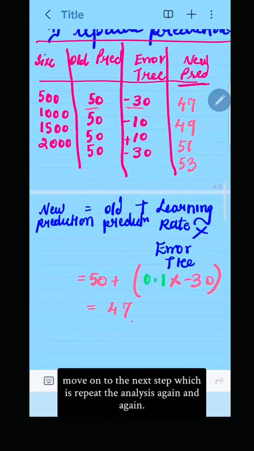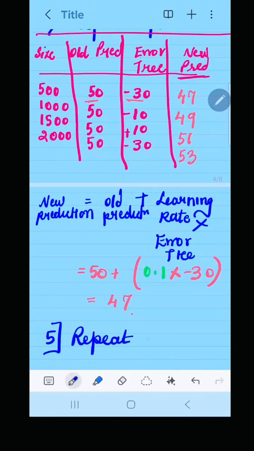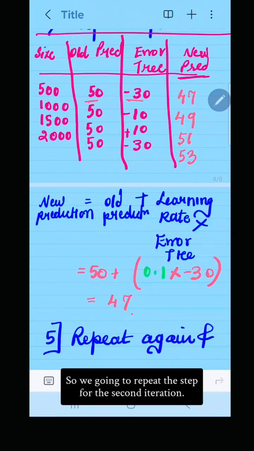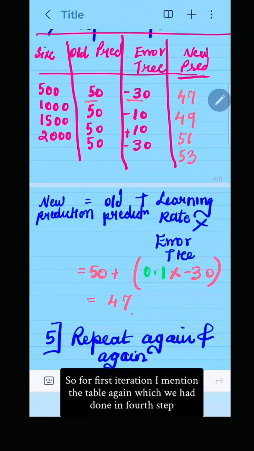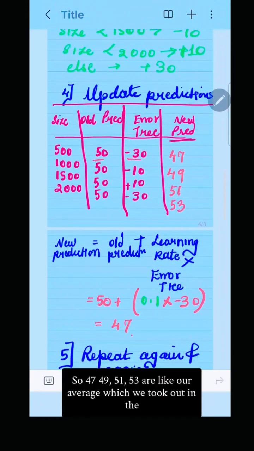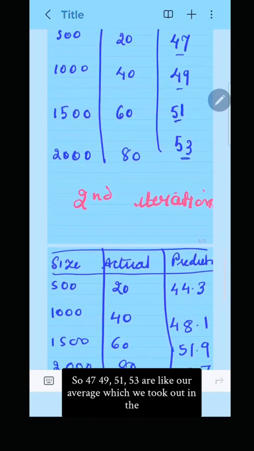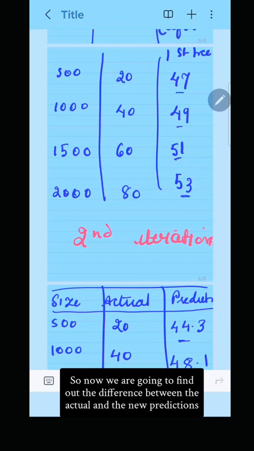Let's move on to the next step, which is to repeat the analysis again and again. So we're going to repeat this step for the second iteration. For the first iteration, I've mentioned the table again, which we had done in the fourth step. So 47, 49, 51, 53 are the predictions replacing the average which we took in the initial step.